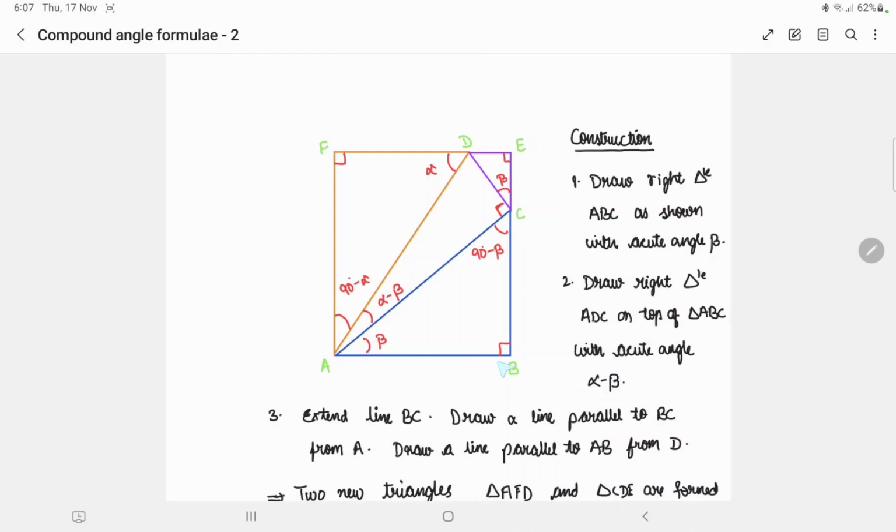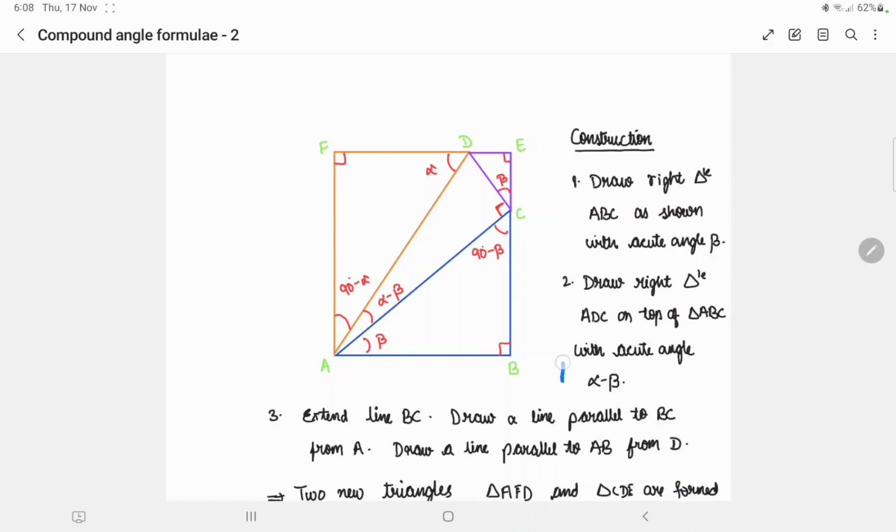So first you draw ABC, and on top of that you are going to mount ACD, this triangle, with the acute angle alpha minus beta. Now how are you going to mount? You are going to mount in such a way that this angle beta and this angle alpha minus beta share a common point, that is A.